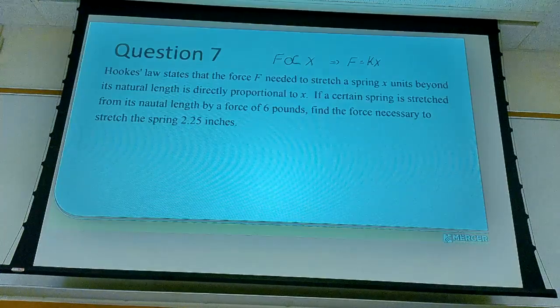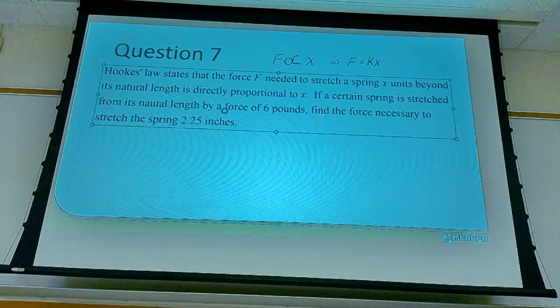A certain spring is stretched from its natural length by a force of 6 pounds. So 6 equals. Hold on, something's missing. Somehow, how much it was being stretched was not included.